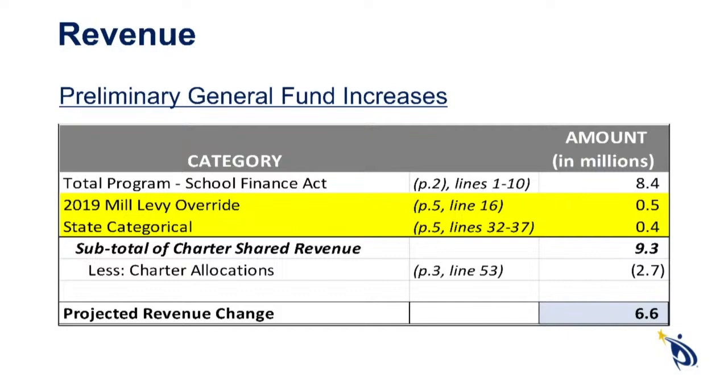Okay, when you add those together, you've got a $9.3 million shared revenue increase, and then again, you take those charters out, 2.7. Now we're talking about overall a revenue change of about $6.6 million in the program funding, and then adding in mill levies and state categoricals. Now we're talking overall revenue.